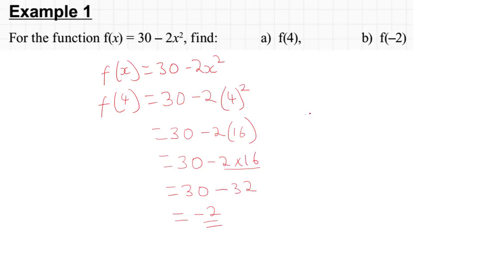In other words, if x equals 4, sorry about that, we end up with f of x equals -2, or simply y equals -2.